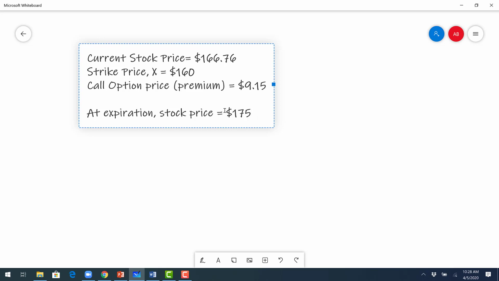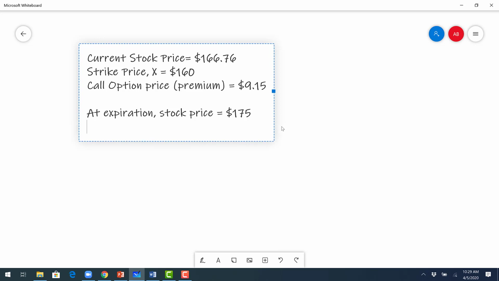Because the actual market price is 175. So what you can do is use this right to purchase the IBM share at 160 and then immediately sell your share for 175 in the market. Using the call option to buy the share for 160 is known as option exercise, and then you immediately sell the share at the prevailing market price of 175.